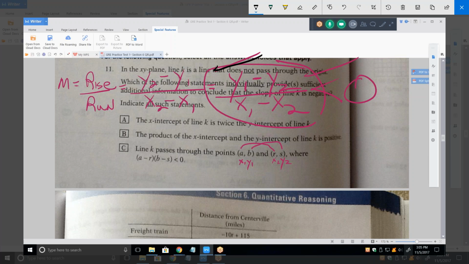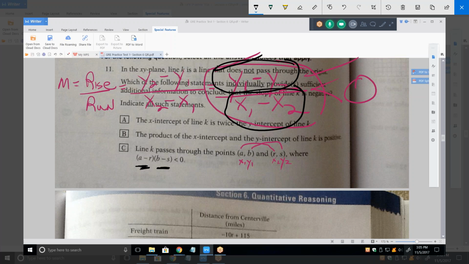Got it. And the only way that is true is if either that is positive and that is negative, or vice versa. The numerator has to be opposite sign of the denominator. It's the only way you can divide a by b and get a negative number, if a and b have different signs. So this is x1 minus x2, and this is y1 minus y2.